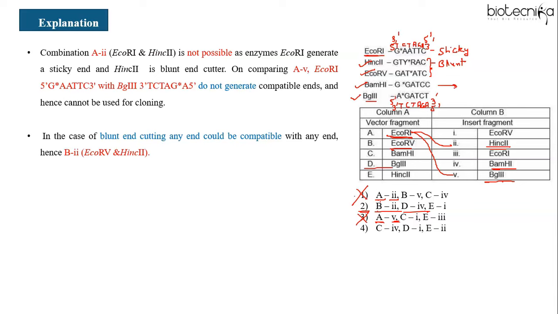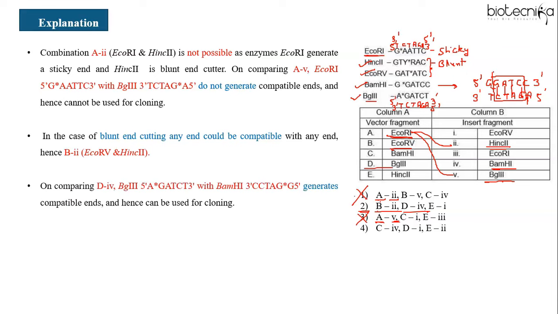I'll write down the sequence of BamHI separately, that is G, G, A, T, C, C, and it's the BglII 3' to 5' sequence which will bind. So it is T, C, T, A, G, A. You can see at least 4 base pair sequences are complementary. The enzyme cuts here and the enzyme cuts here, so basically these are the sequences which are complementary. So yes, we can use this combination.